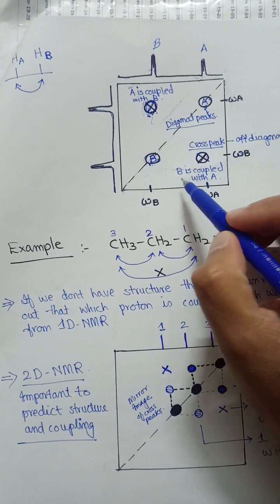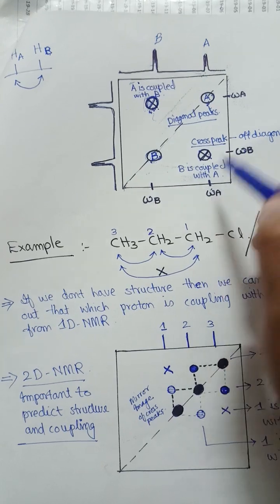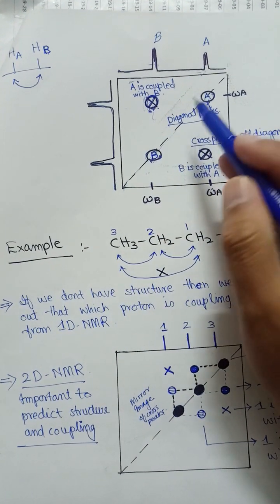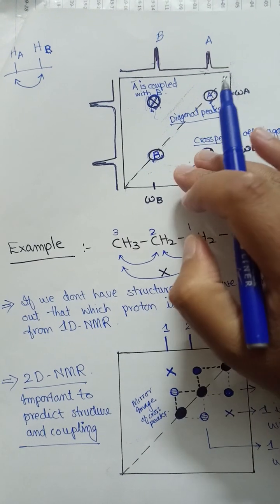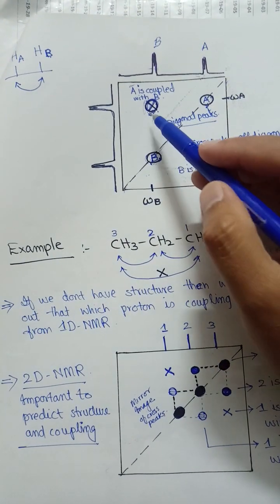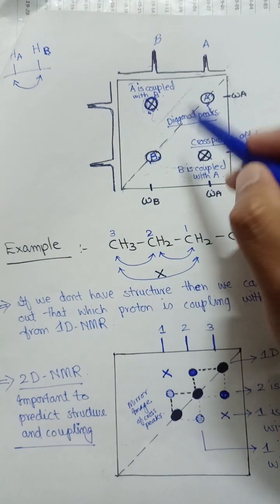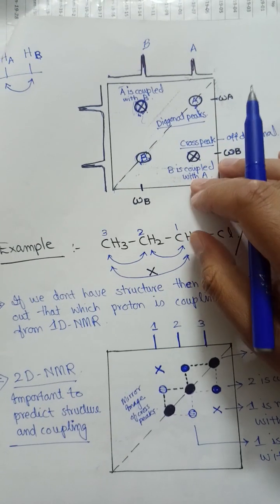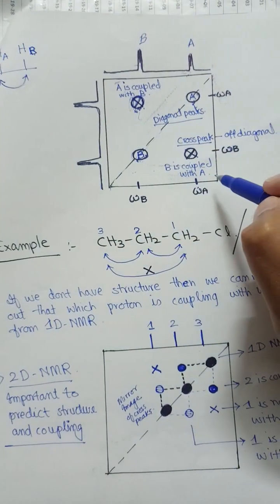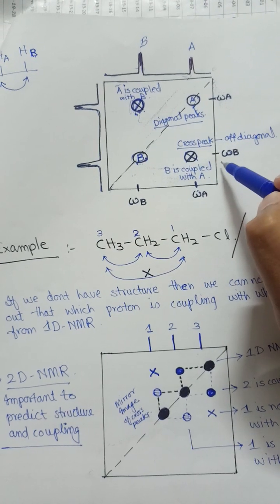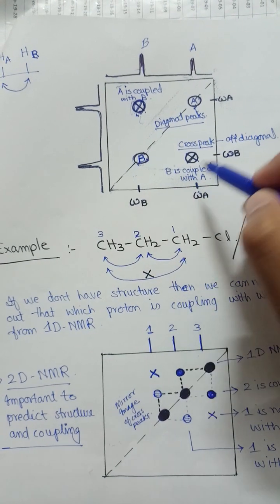Like here I have written that B is coupled with A. It represents A is coupled with B, and B is coupled with A. It is not necessary to observe both cross peaks, because if one cross peak is present, that is enough. But this gives us a mirror image of this whole spectrum. Here we have omega A, and this is omega B.